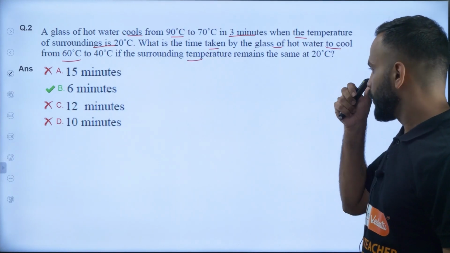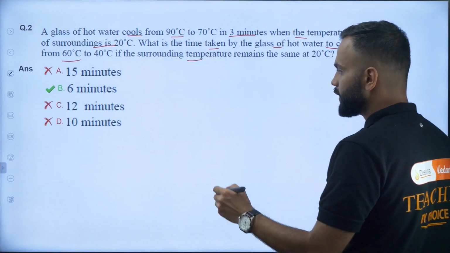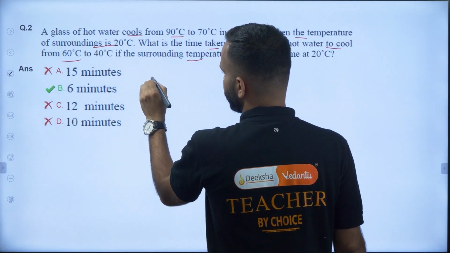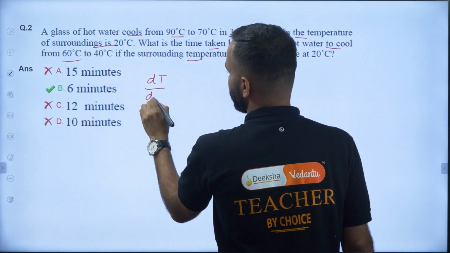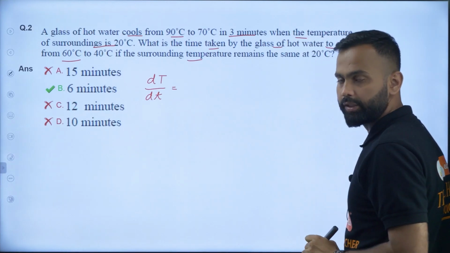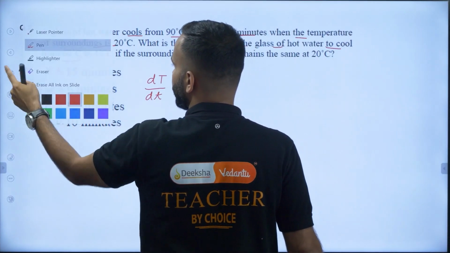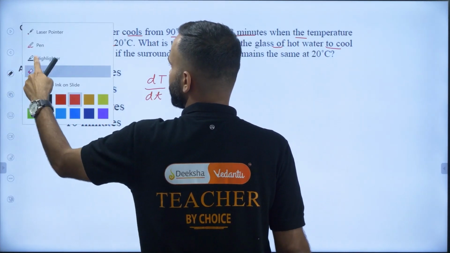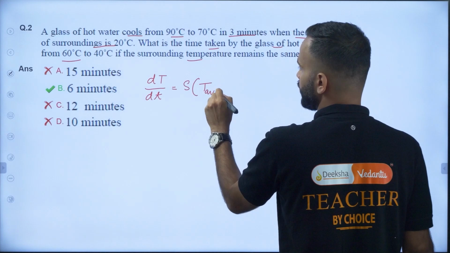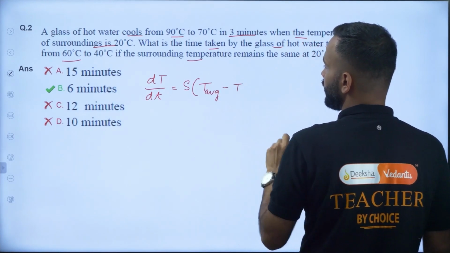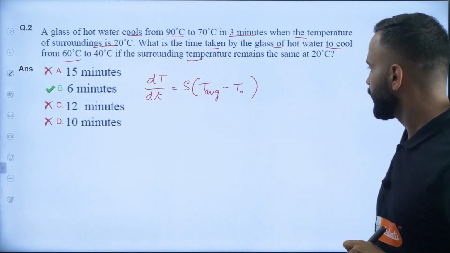So here apply Newton's law of cooling, right? So what is the Newton's law of cooling? dT by dt, that is rate of change of temperature, is equal to alpha or S, the specific heat constant, into T average minus T naught. So what is T naught? T naught is surrounding temperature.